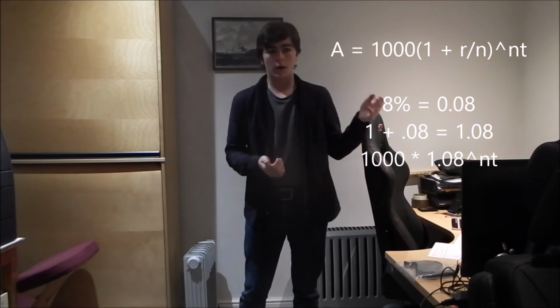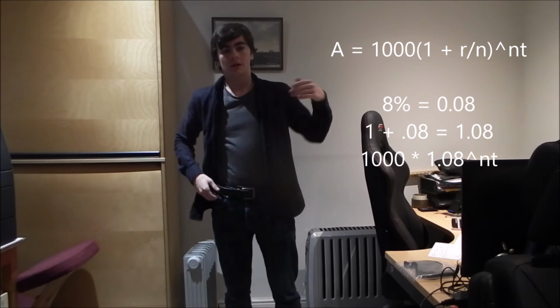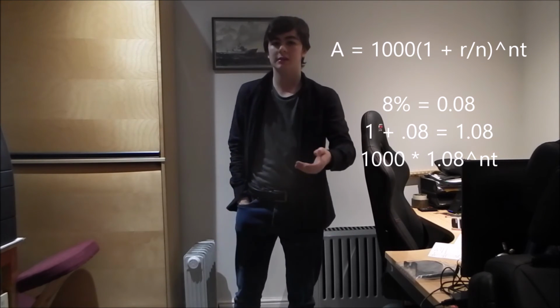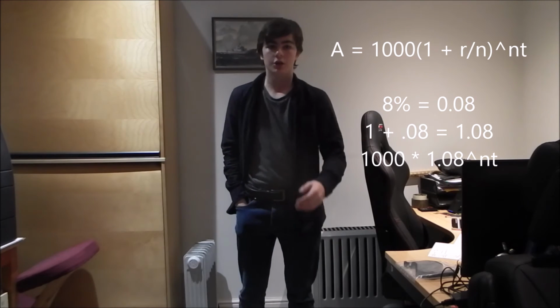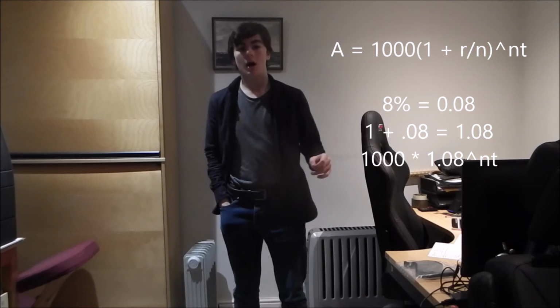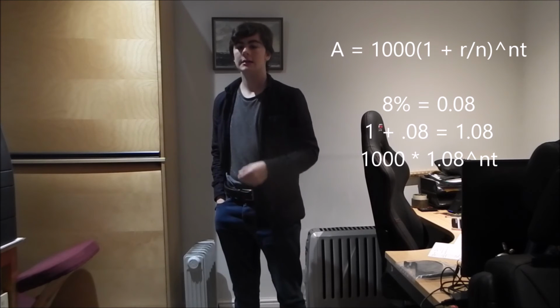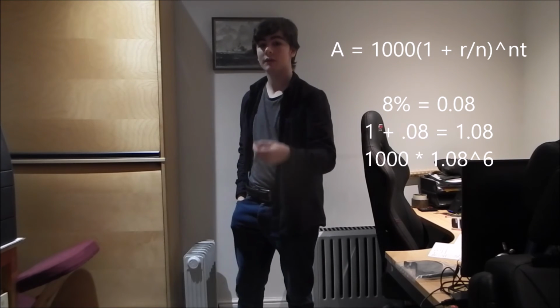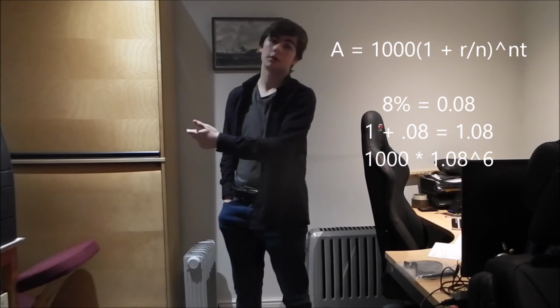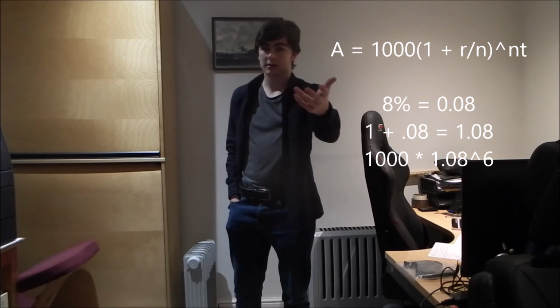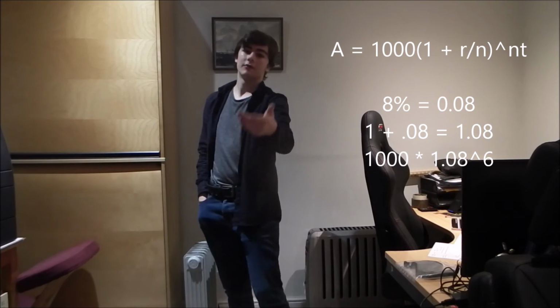So if it was 8% interest and you were doing it for a certain amount of years, let's say 6 years, you put £1,000 times 1.08 to the power of 6, because you do to the power of however long you're doing it, okay? So if it's 6 years, you then work it out from that.